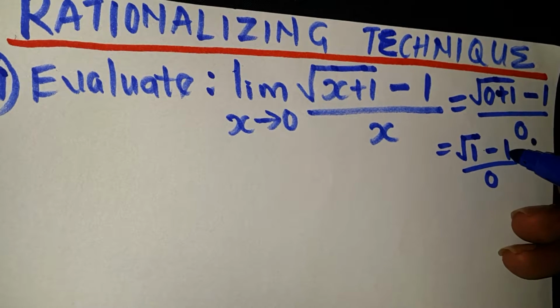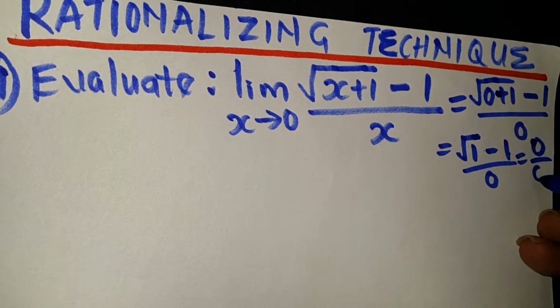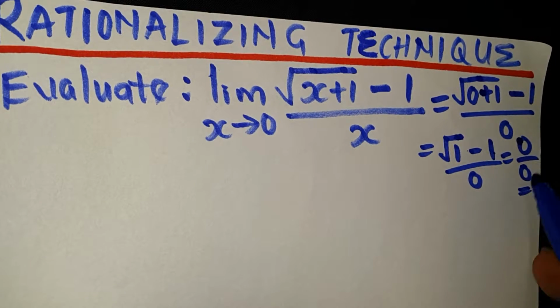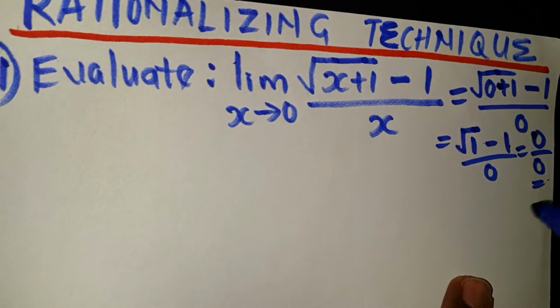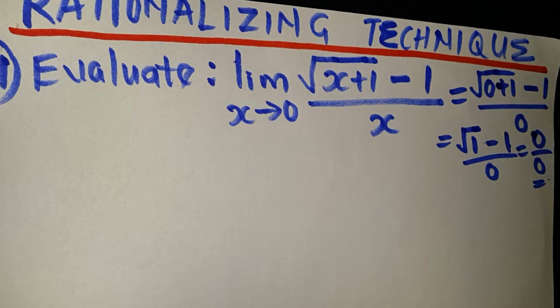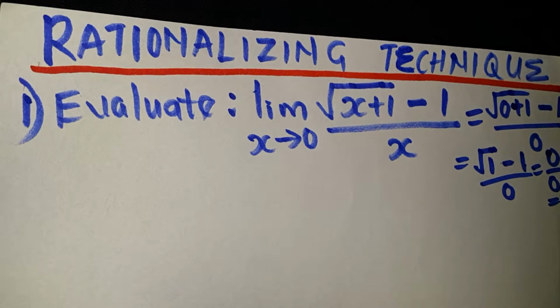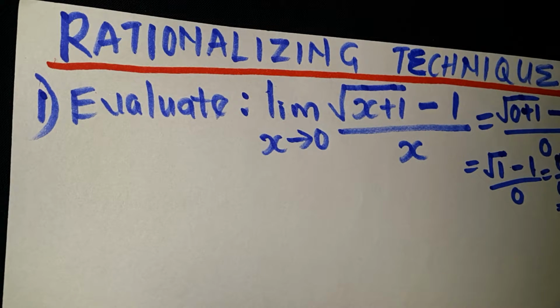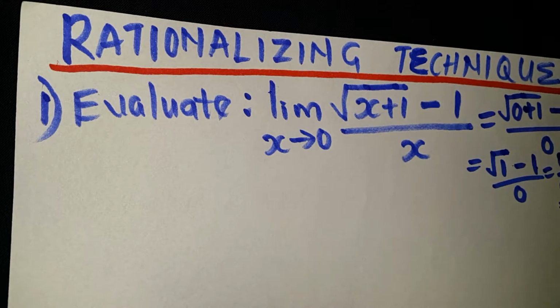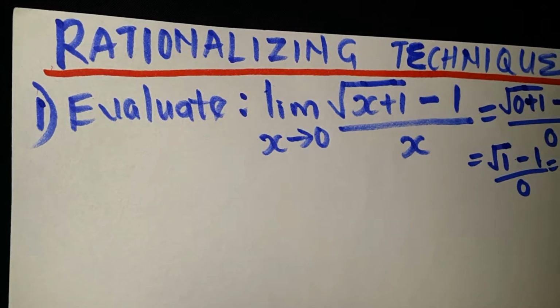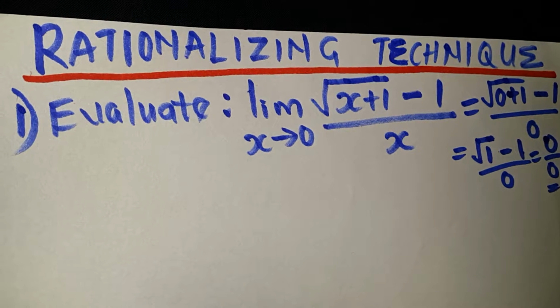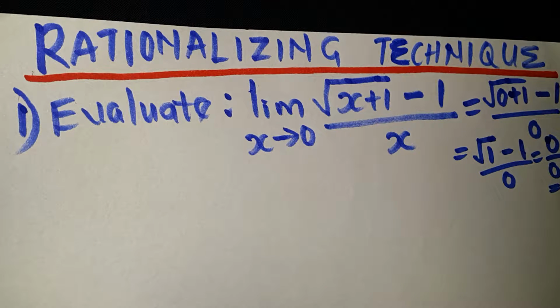Root 1 is 1, so 1 minus 1, that's 0 divided by 0. As you can see, we are still getting 0 divided by 0 here, so we cannot leave our answer like this. So we have to use either the dividing out technique or the rationalizing technique. In this case, we'll be using the rationalizing technique because I've already talked about the dividing out technique.